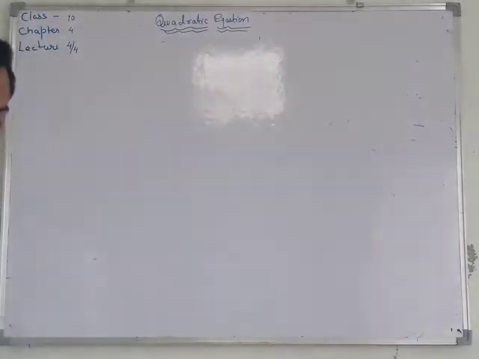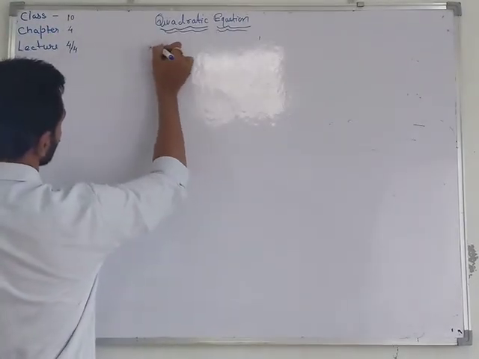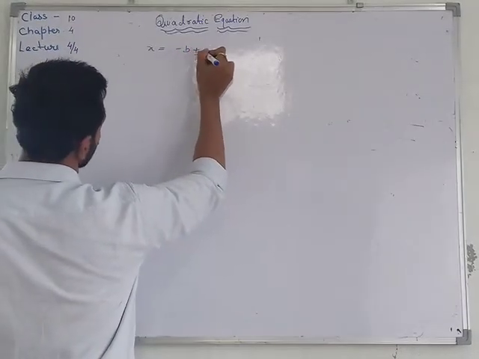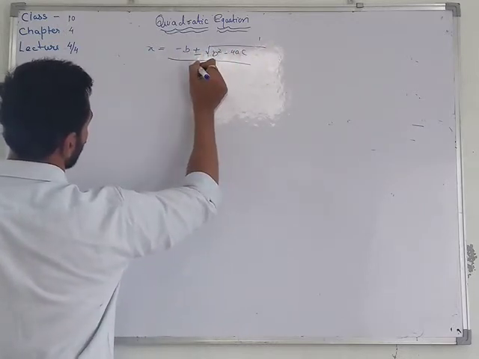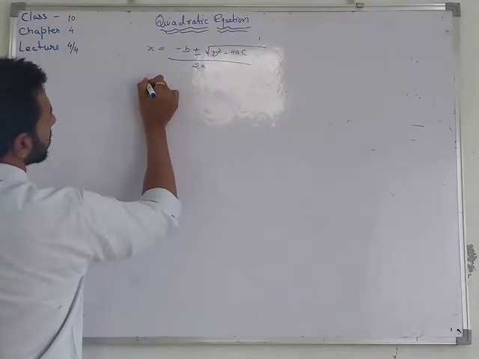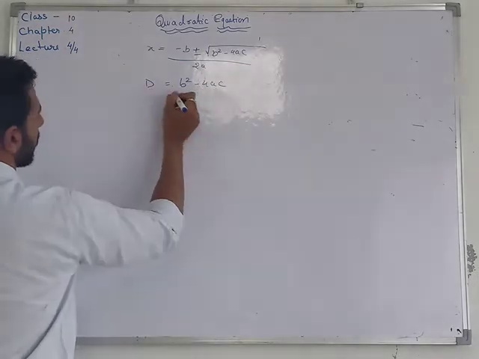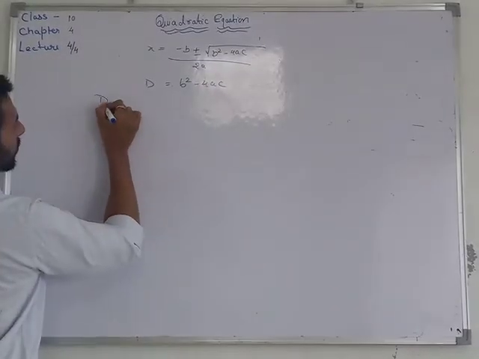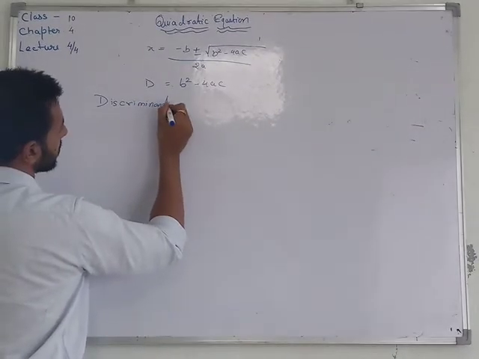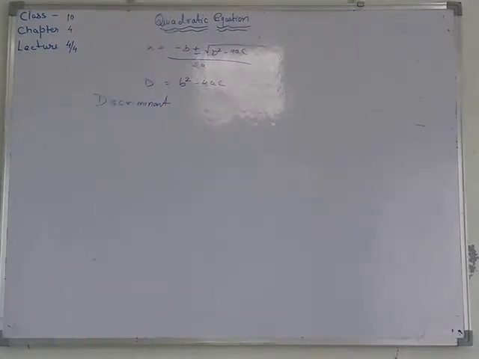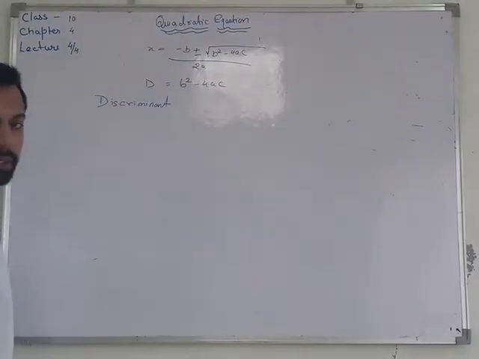The term which is coming under the root, which is b square minus 4ac, is called the discriminant, which is denoted by d.